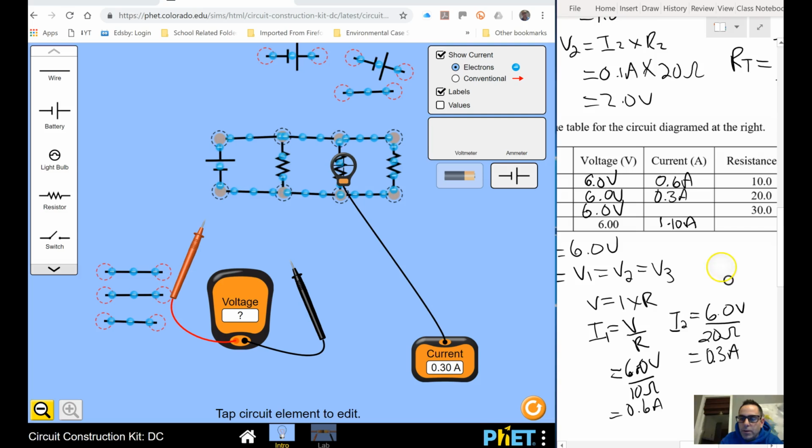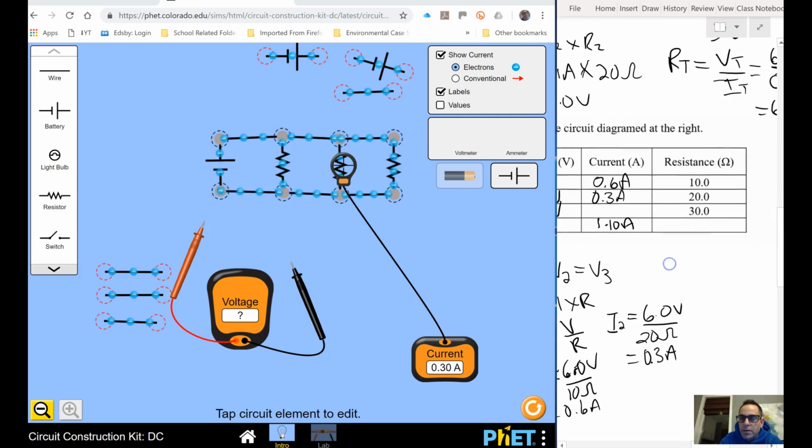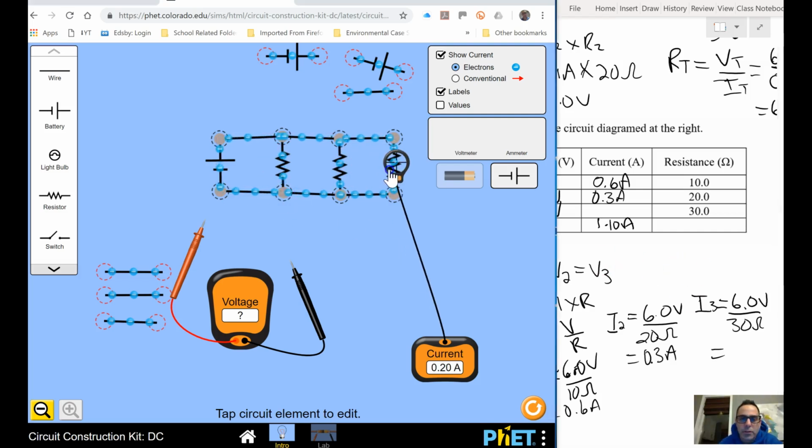And then the last one is, again, we've got 6 volts, and this time we have 30 ohms, and so we're going to get 0.2 amps.